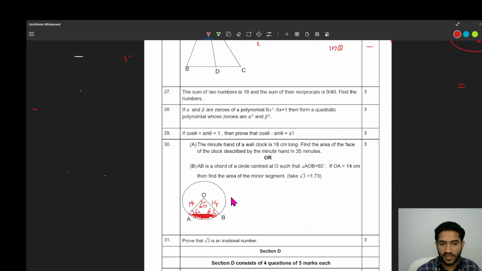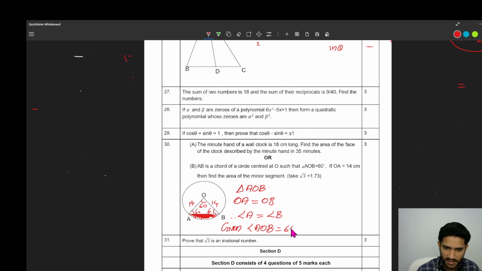So first of all, we can describe the triangle AOB. OA equal to OB. Therefore, angle A equal to angle B. The reason: angles opposite to OA and OB. And given that angle AOB equal to 60 degree, by angle sum property, we have angle A plus angle B plus angle O is 180.